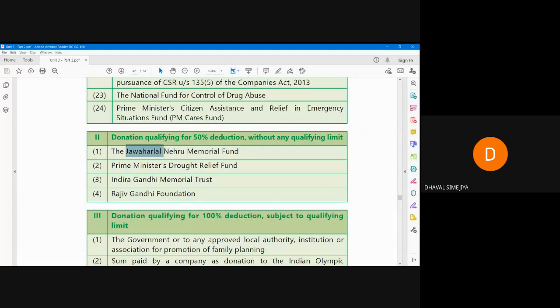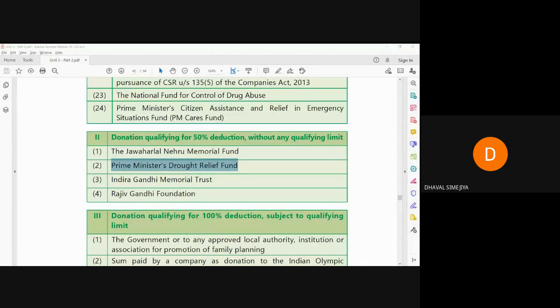Look, Jawaharlal Nehru, Indira Gandhi and Rajiv Gandhi, the names from one family only, and one name you have to remember, that is Prime Minister's Drought Relief Fund. The Jawaharlal Nehru Memorial Fund, Rajiv Gandhi Foundation and Indira Gandhi Memorial Trust. And one more name, that is Prime Minister's Drought Relief Fund. Okay? Are you getting this?